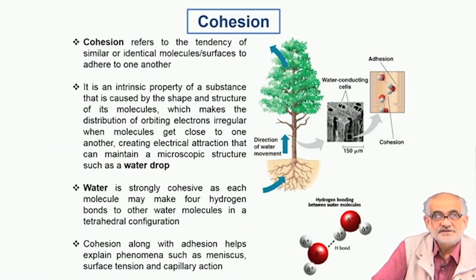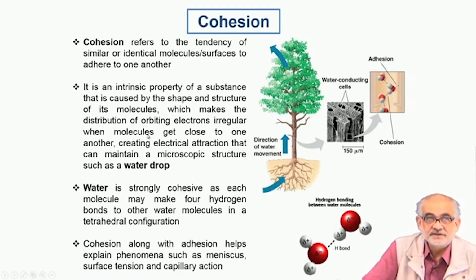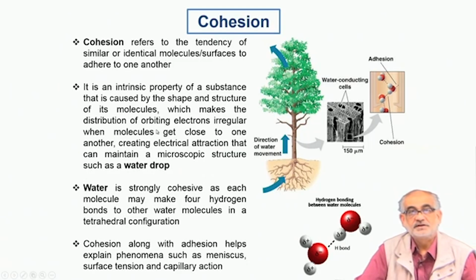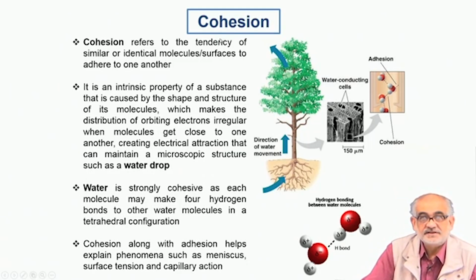When we are talking about dissimilar species, then we talk of adhesion, and when we talk of similar molecules or species, then the bonding between them is described as cohesion. The cohesive forces are also very important, because they eventually govern the meniscus of a bulk of liquid, the surface tension that's manifested, and even the capillary action.